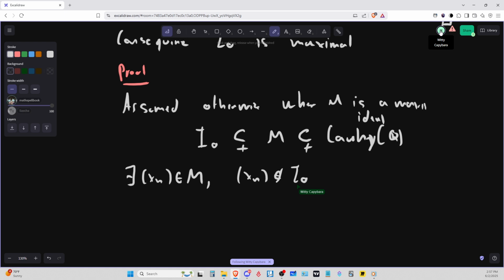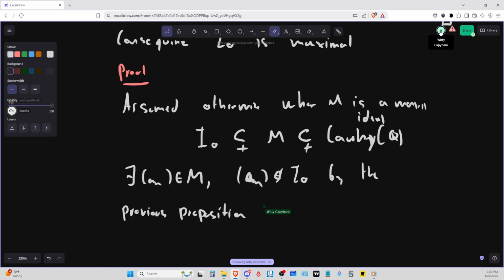By the previous proposition, maybe I will call it an, so we can have the same notation as before.